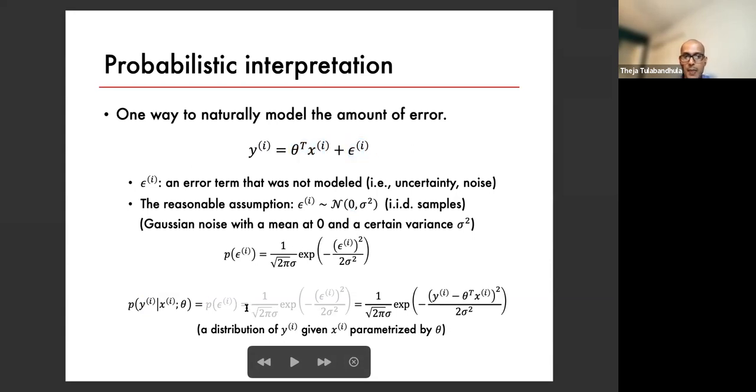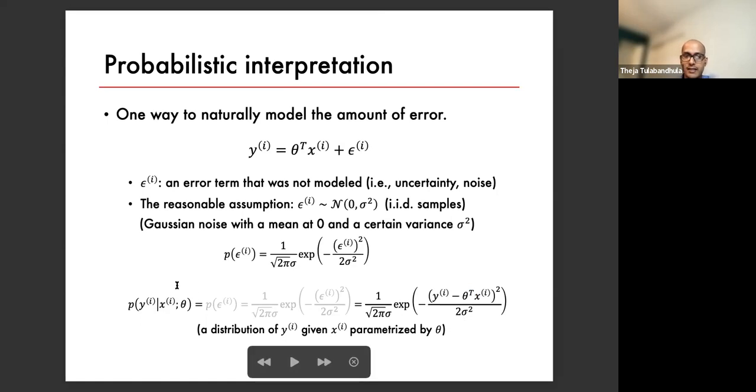So y's distribution is exactly the same as epsilon's distribution, except y has a different mean. Y is also normally distributed with the mean of theta transpose xi, and variance being exactly the same as epsilon's variance.